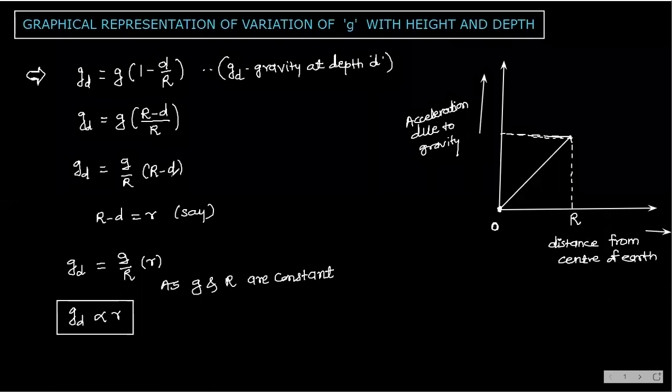In this formula, you substitute d equal to 0, you will get maximum gravity, that is on the surface of the earth. So here I am writing g_d is directly proportional to r, and this is inside the earth.